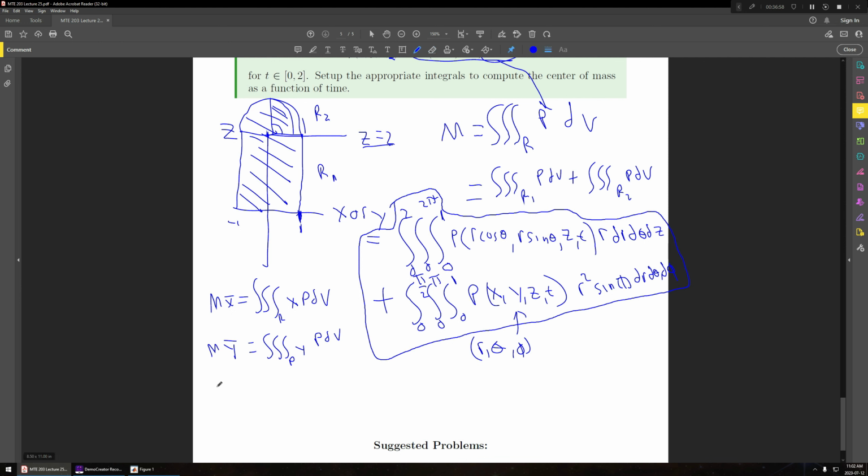Now for z, it's a bit annoying, but it's not horrid. I get 1 over R z rho dv. Now this second integral here, the way I set this up, was using the fact that rho doesn't effectively depend on z at the top part of the cone.